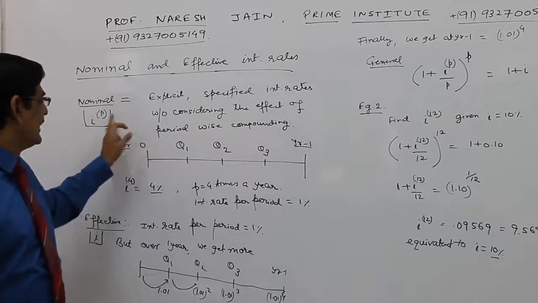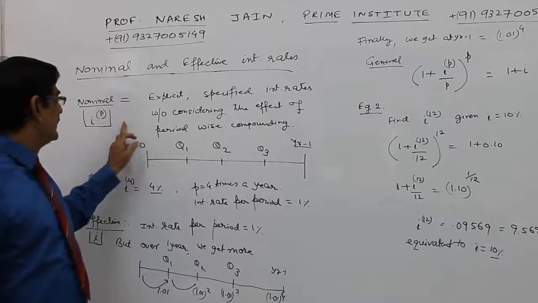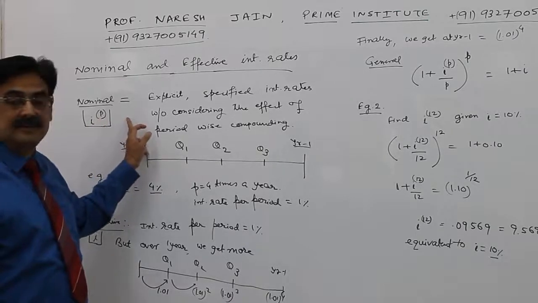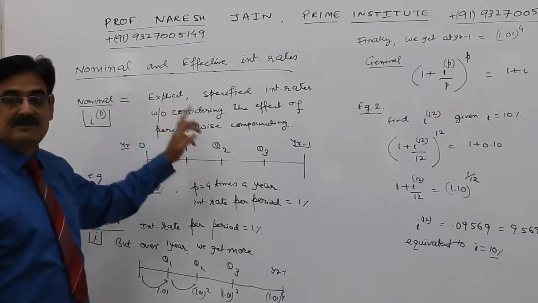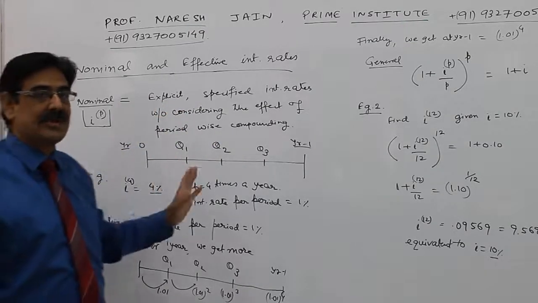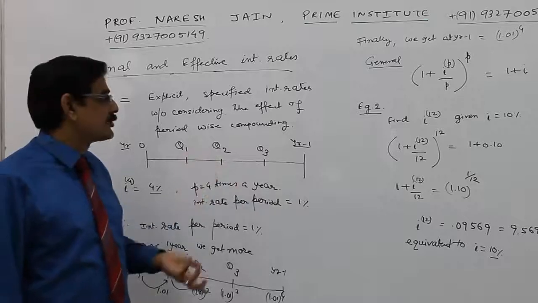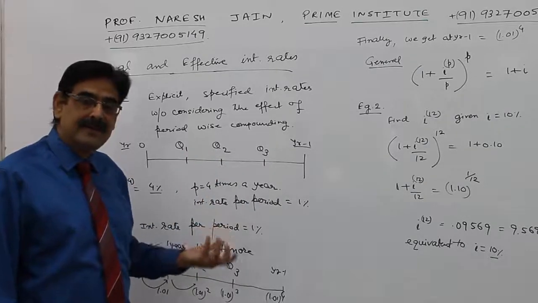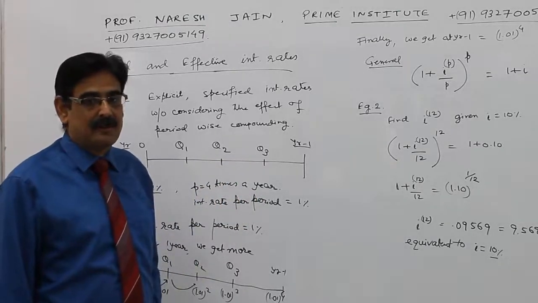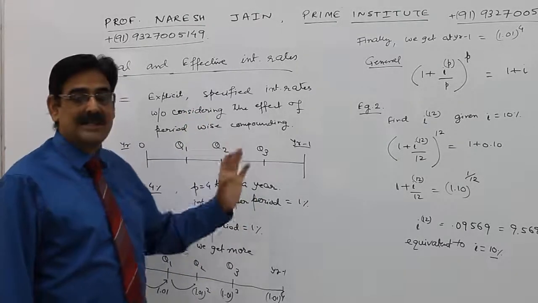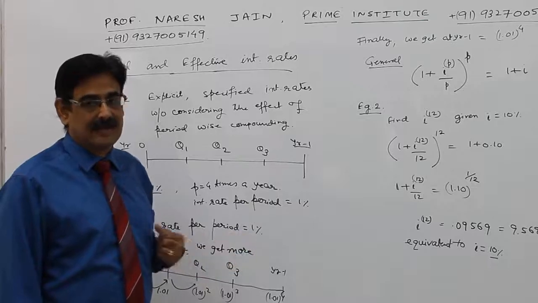Nominal interest rates are expressed as I(p). Nominal interest rates are the explicit, specified, mentioned interest rates over the instrument. Suppose you are making an FD. In the fixed deposit certificate of the bank, it has been mentioned as, say, 4% interest rate per annum.